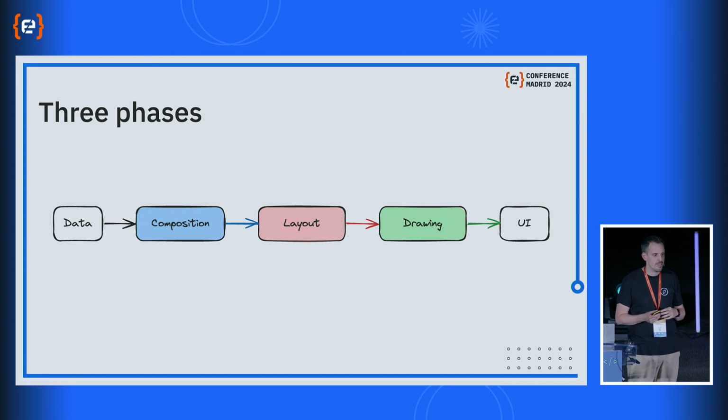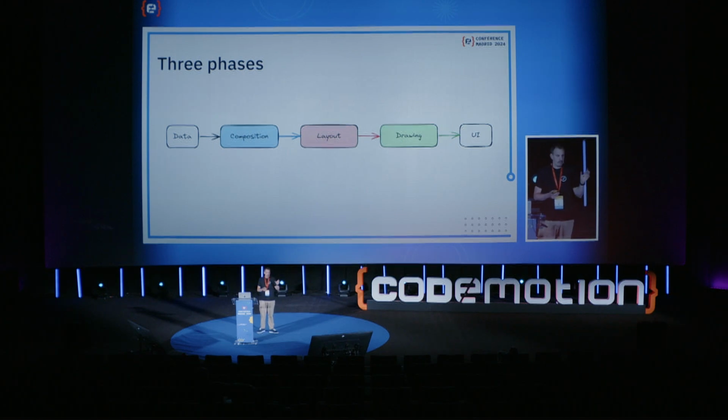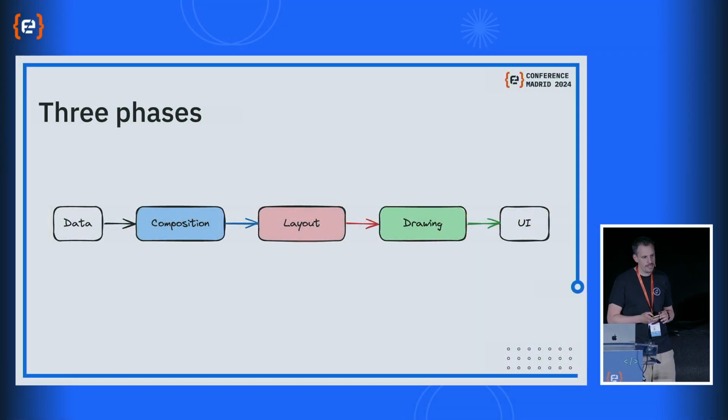From the point where we are just defining the UI using Kotlin and Compose in our Kotlin files until the point where the UI is rendered in the smartphone of the user, we go through three phases: the composition phase, the layout phase, and the drawing phase.